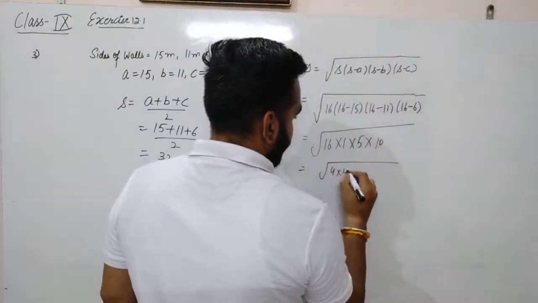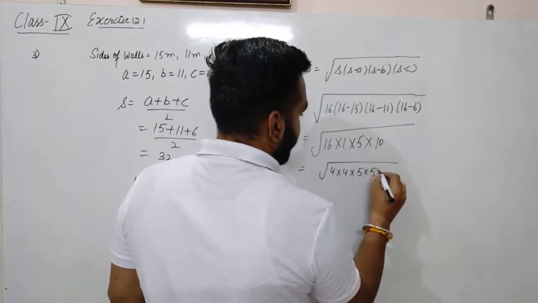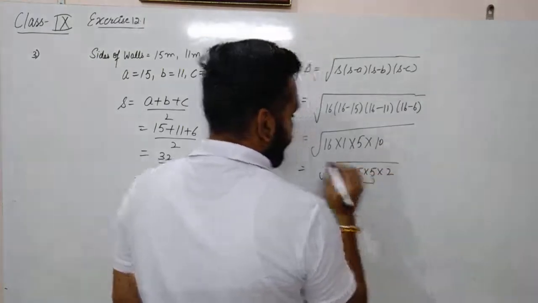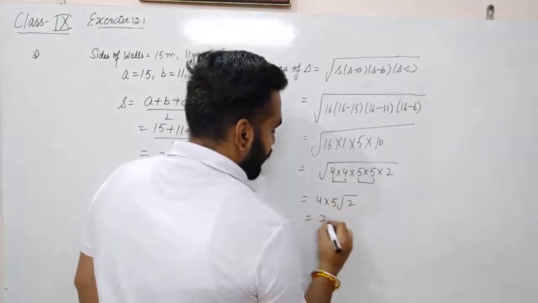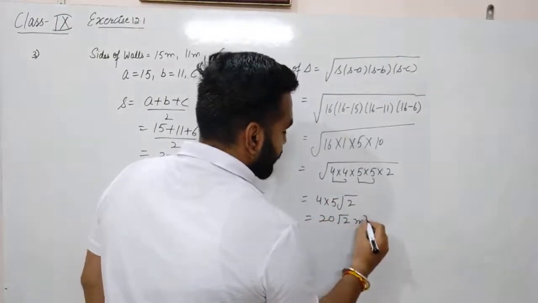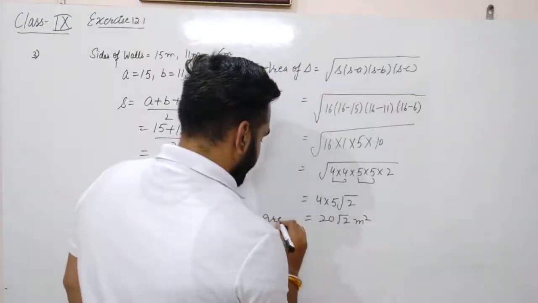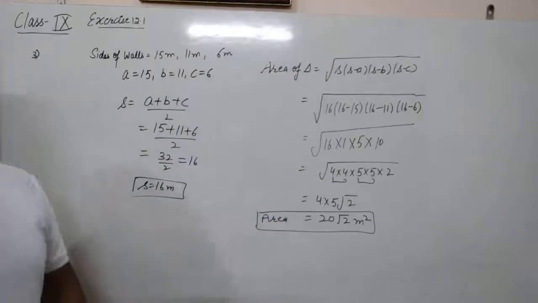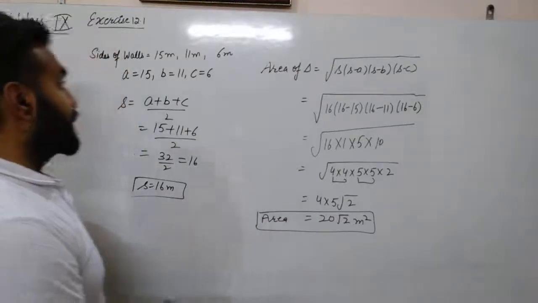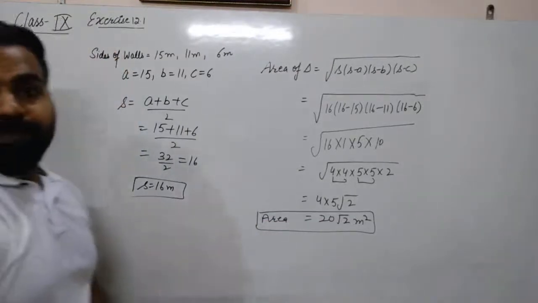This is 4 into 4, 5 into 5 into 2. So one pair of 4, one pair of 5. So 4 into 5 root 2, that is 20 root 2 meter square. So this is the area of the board which has to be painted. So this was question number 3.